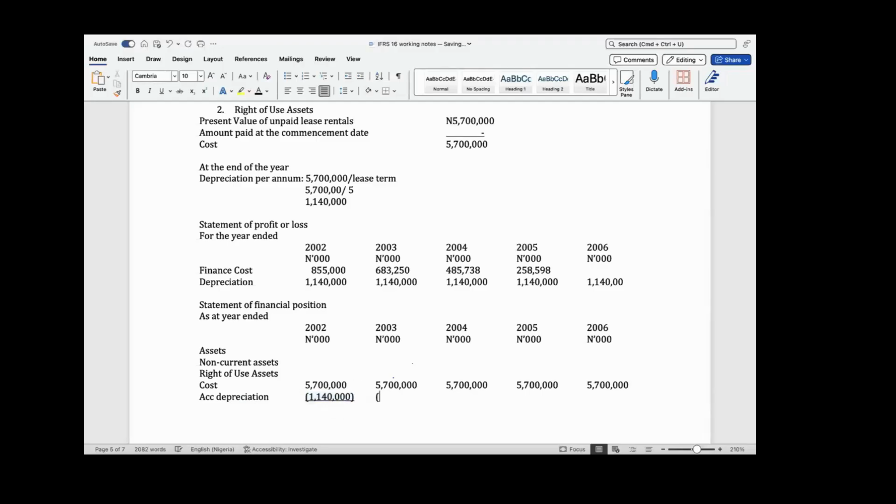In year two, it will be 2,280,000. What will it be in year three? 3,420,000. What will it be in year four? 4,560,000.